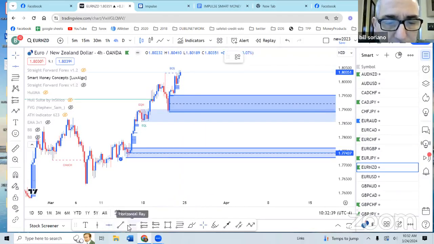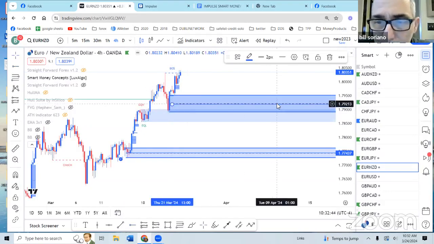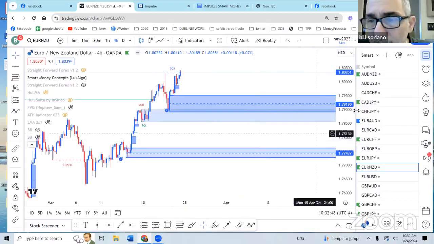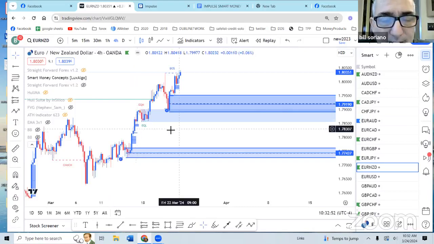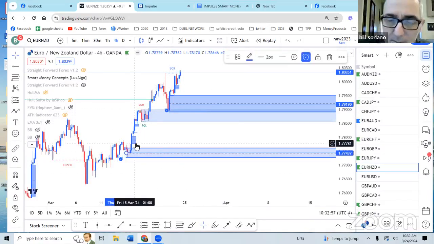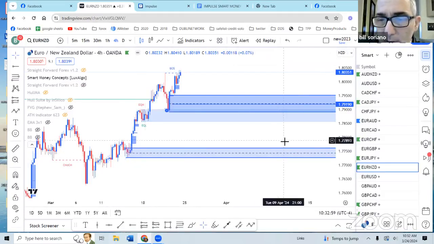Okay, and then let's set our alert right here at that 50%. And so our alert is set at 1.79190 in EURNZD. Now, again, we have an order block right below it. We still have this order block down here, but we're going to remove that alert.